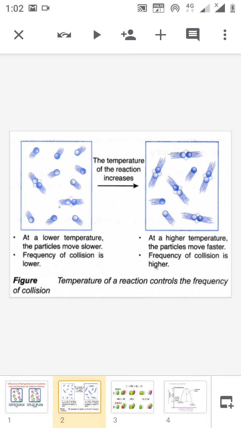Now the next factor is the number of effective collisions. The collision must be effective. For that, the bombarding molecules must have a proper orientation and have the energy which is necessary for the reaction. Normally the molecules bombard in an inappropriate way.